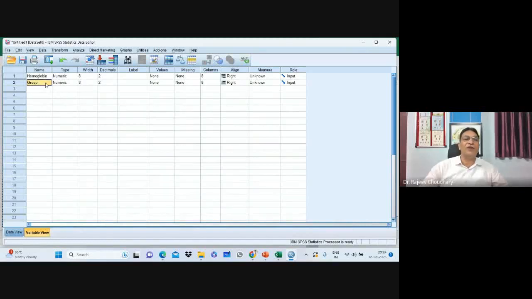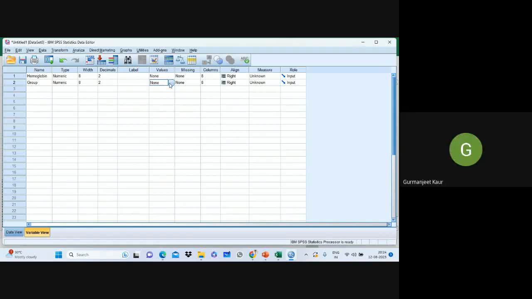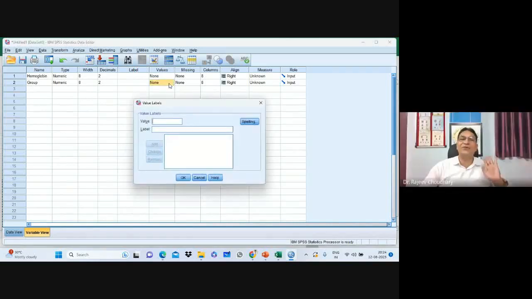In front of the group, click on values. We have given only 2 values. Value 1, we have to give the label for value 1. So 1 stands for males.